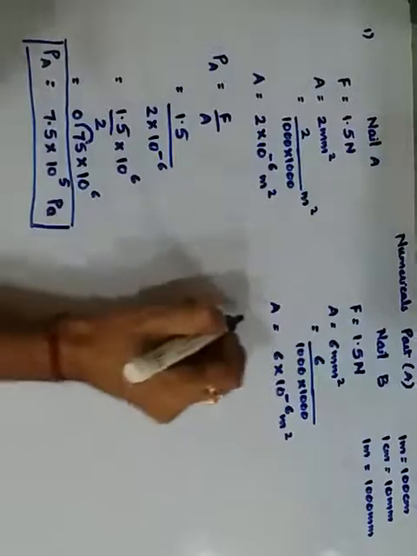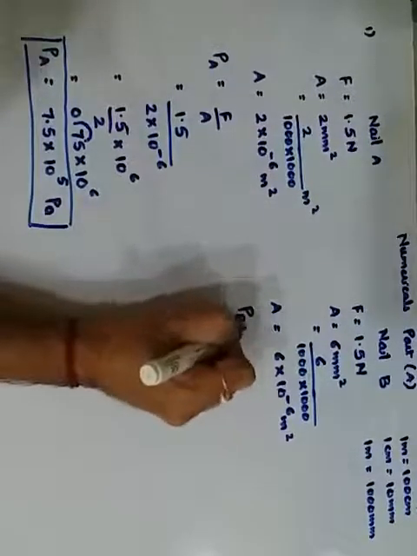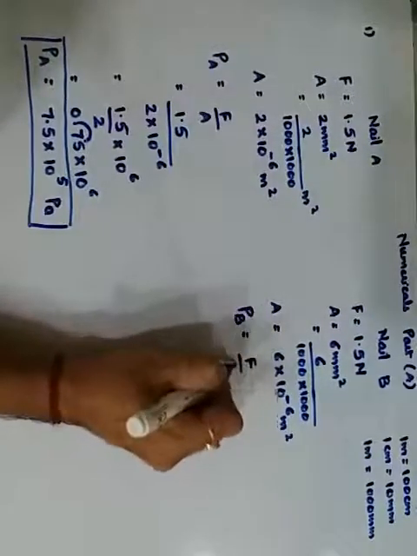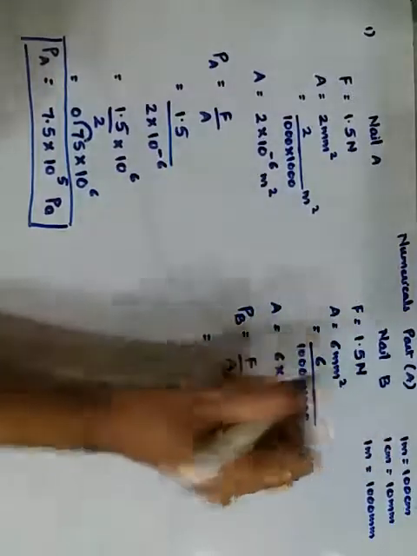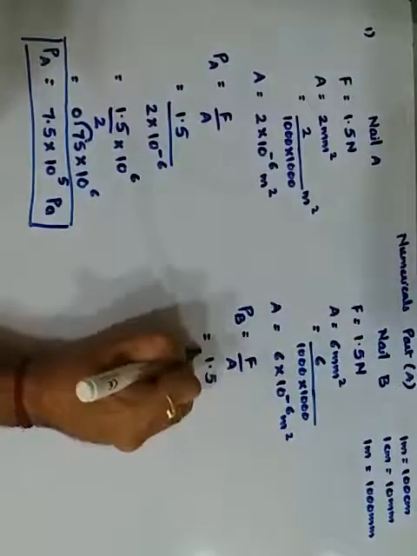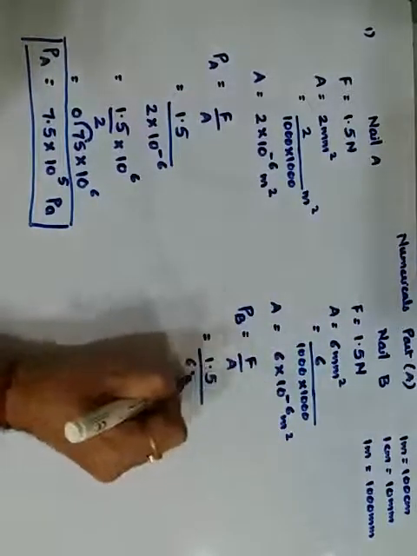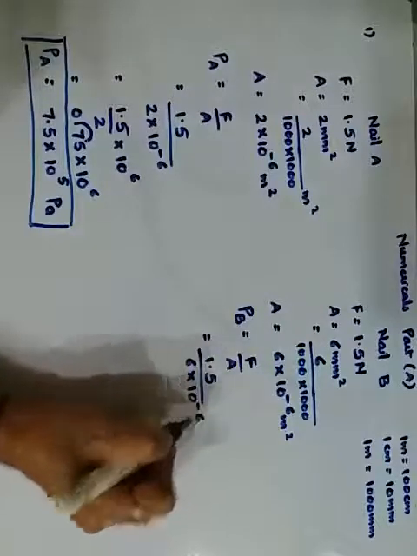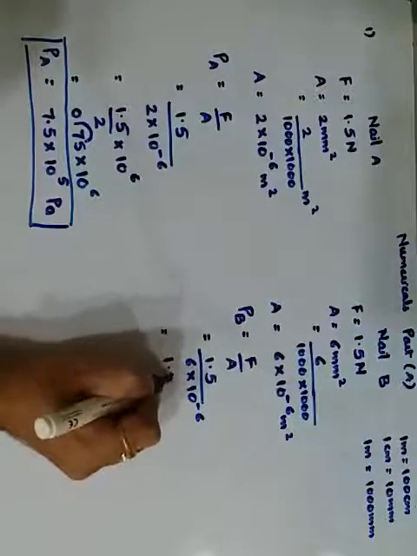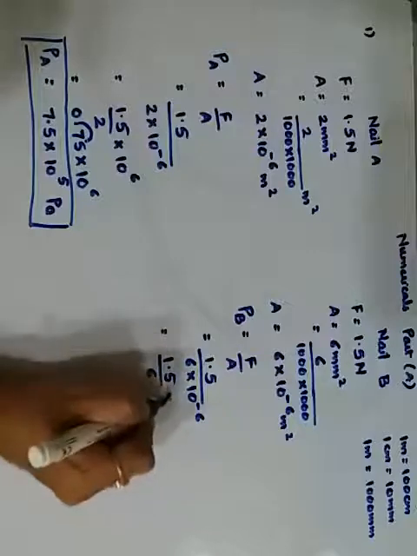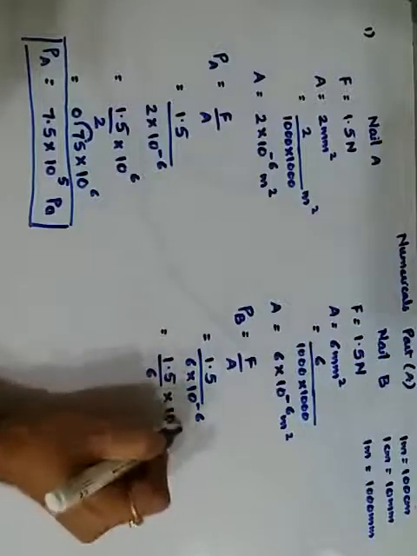And similarly, pressure exerted by the nail B will be the force upon area. The force acting is similar, 1.5 Newton, and area has become 6 into 10 raised to minus 6, which I keep as it is, upon 6, multiplied by 10 raised to 6, I am taking it up, so it becomes positive 6.